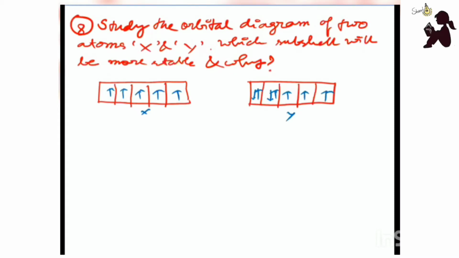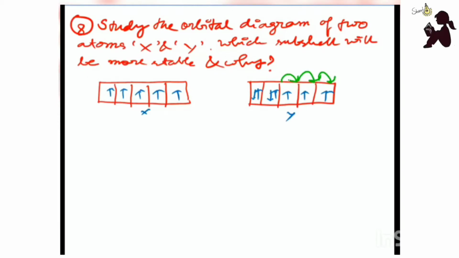In question number 8, we can see that they have given us two orbitals and asked which subshell will be more stable and why. So if we see the energy distribution, let's see first for y. We know the energy can be distributed only in singly occupied orbitals, because you can see that here it will be 0, plus half, minus half, here it will also be 0, plus half, minus half.